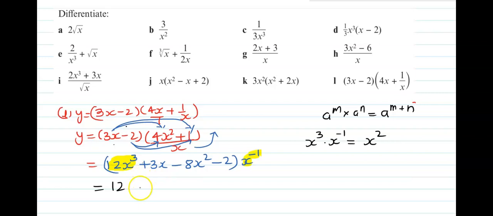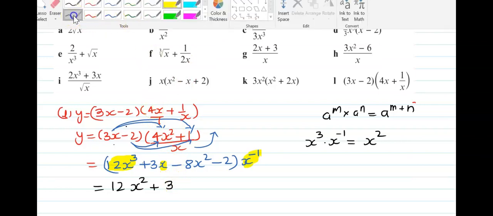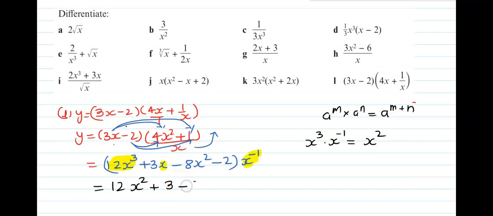So this will be 12 x to the power 3 minus 1, it is x square, and 3x times x minus 1: minus 1 and plus 1 becomes 0, so it will be just 3. Then minus 8x square times x minus 1 is minus 8x, and this will be minus 2x minus 1. This is what y is.